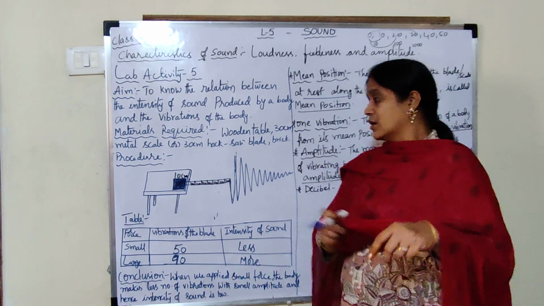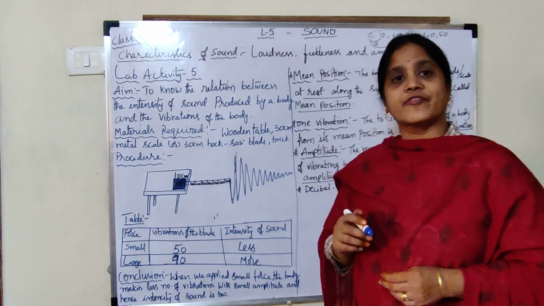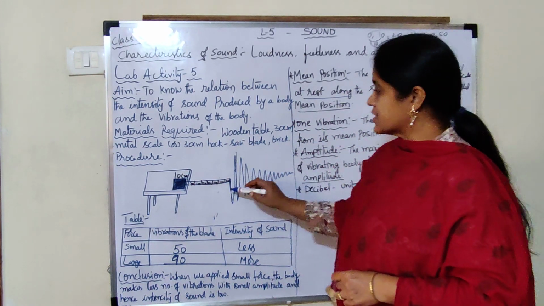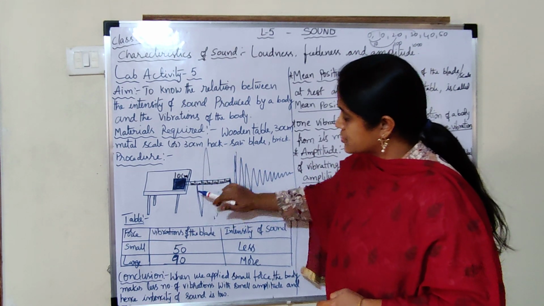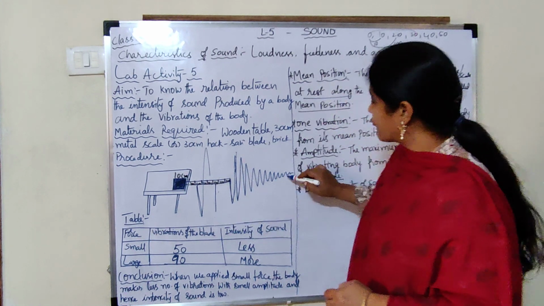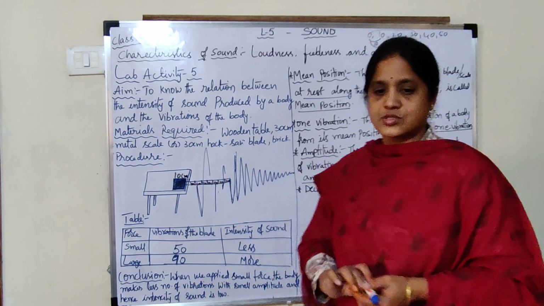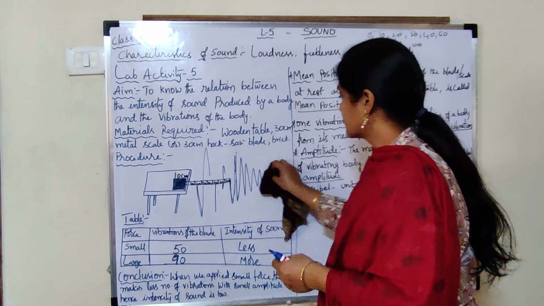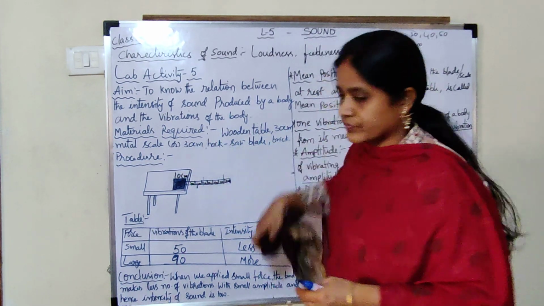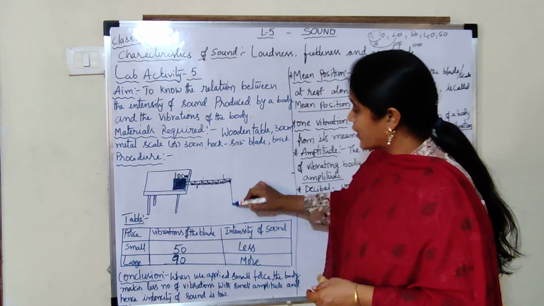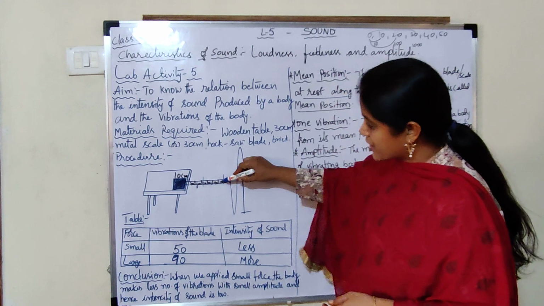Now coming to when it vibrates, the maximum displacement of a vibrating body. Here you see, initially the body vibrates a very large distance from here to here. But after some time, it vibrates very little, like this. Initially the body moves the maximum displacement from the mean position.